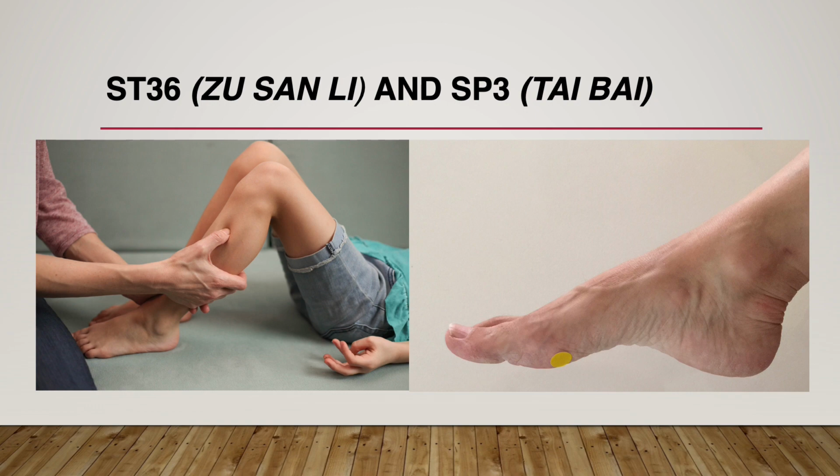In this case, because of the addition of a yang channel point, the spleen yang is stimulated, which strengthens the middle. Like the pair spleen 3 and spleen 9 introduced a while ago, this pair is used to strengthen the spleen. However, while the stomach 36 and spleen 3 pair has a stronger ability to tonify the spleen, the former pair acts more upon dampness.